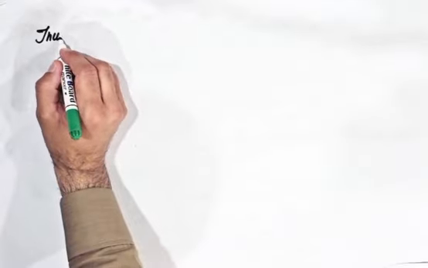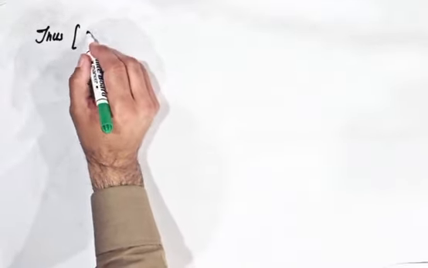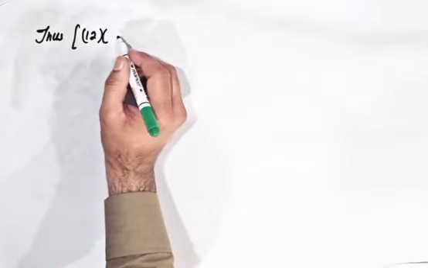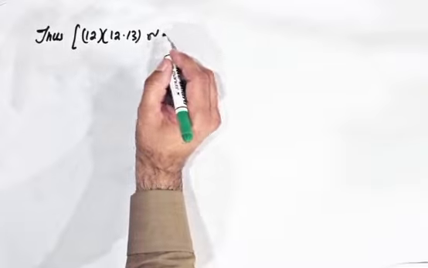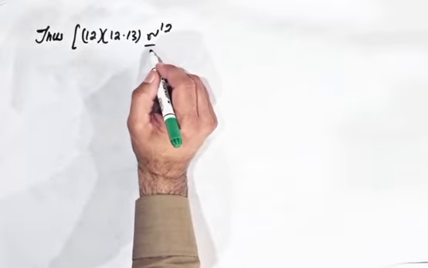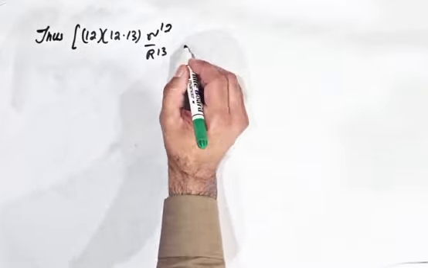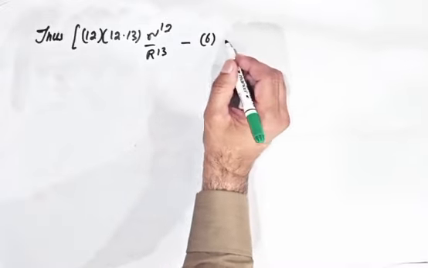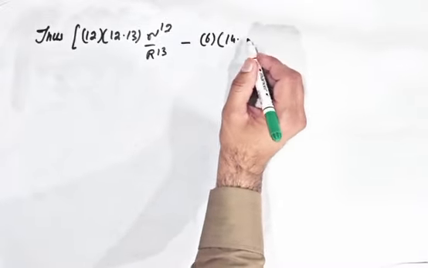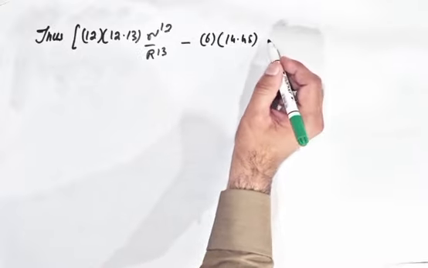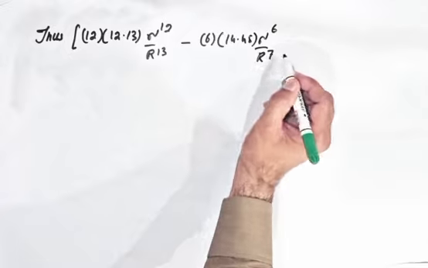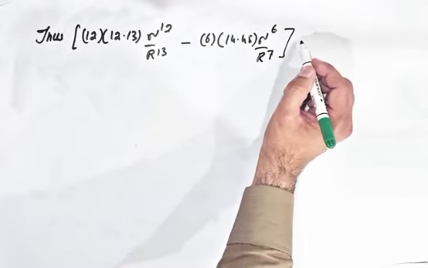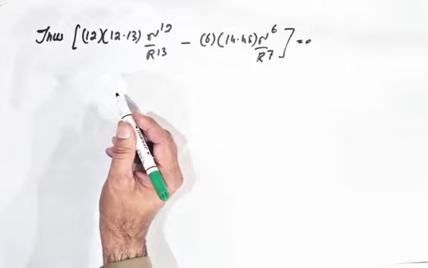Further simplification gives 12.13 sigma 12 divided by r to the power 13 minus 6 times 14.45 sigma to the power 6 divided by r to the power 7 equal to 0.